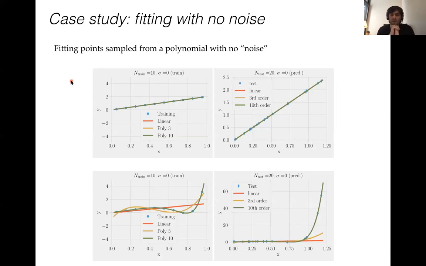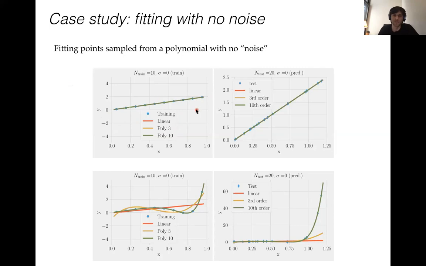Let's first talk about an example of a learning problem. What I've done here, and I don't want to have any equations, is in the top left figure, I've taken a line and sampled 10 points from the line, and then I've fit to those 10 points either a line, a third order polynomial, or a 10th order polynomial. And what you see is that, of course, all three of these do a perfect job of fitting those training data.